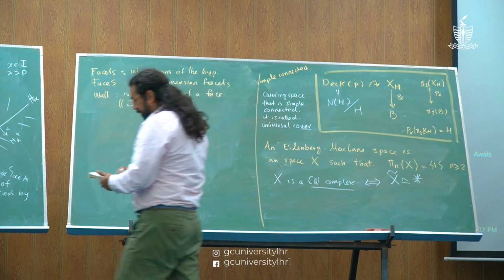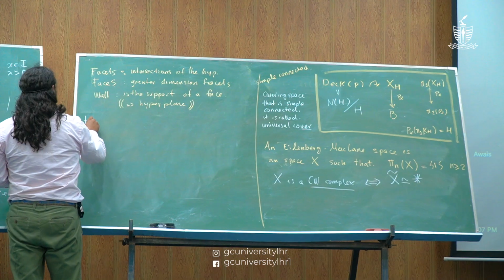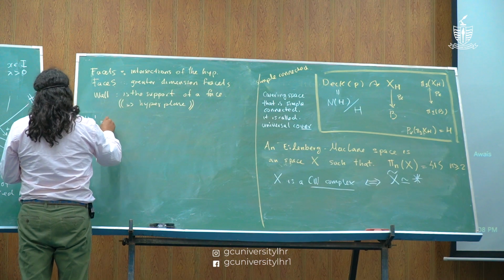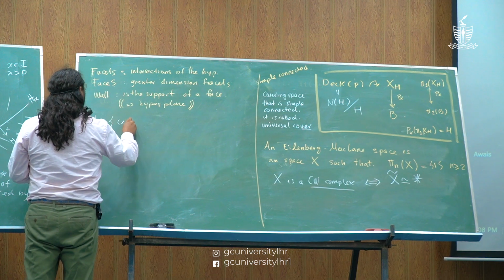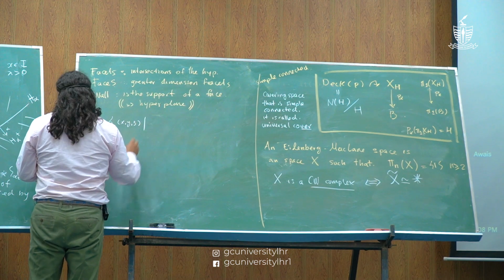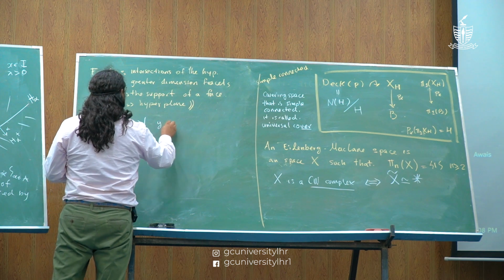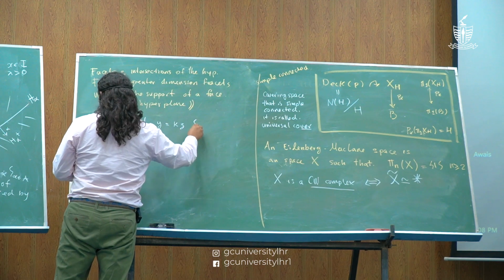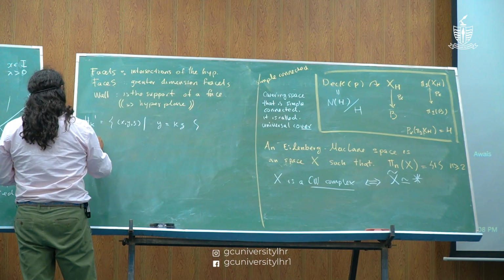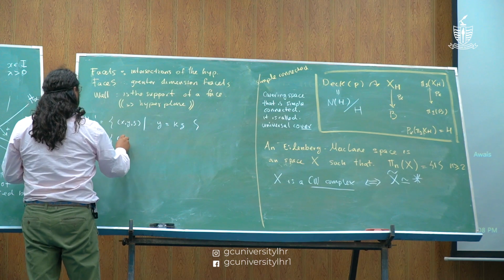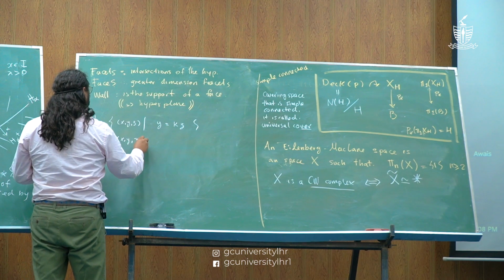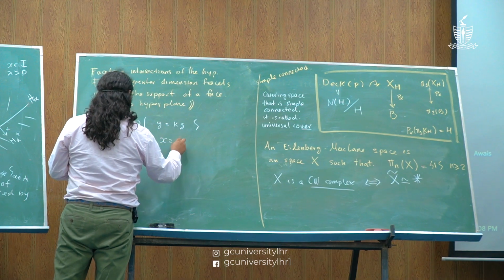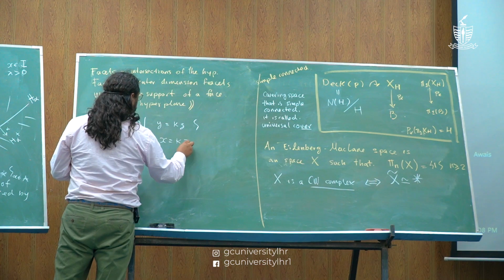So let's see an example of this. Let's consider the example H_k' of the set of x, y, z such that y is k'z, and H_k the set of x, y, z such that x equals kz.